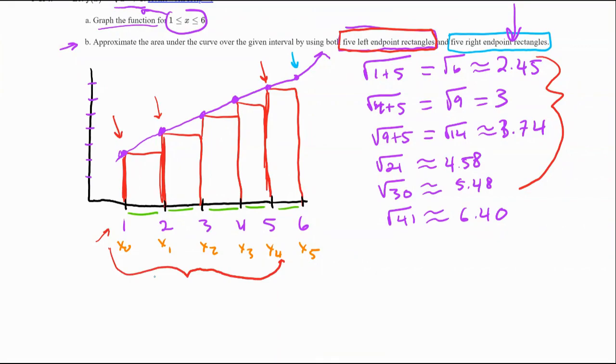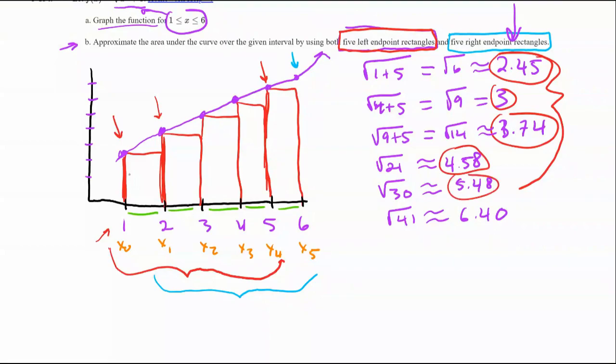Then with the right endpoint, we're going to use the right side, and I'll show you that one in a second. So I'm going to multiply the length times the width. Because the width is 1, it's just 2.45 times 1, 3 times 1, 3.74 times 1, 4.58 times 1. And so really that gives us the area of each of these as really just the height. So this one's kind of easy on the math side of it.